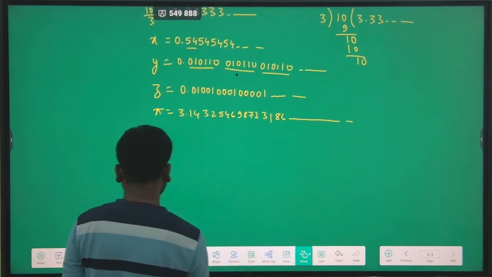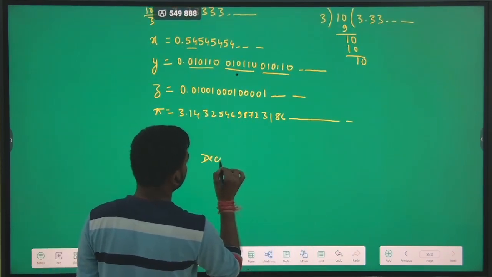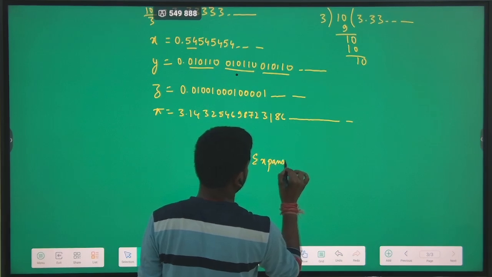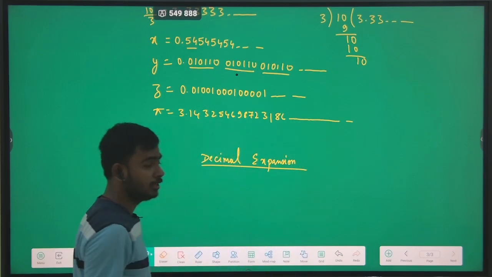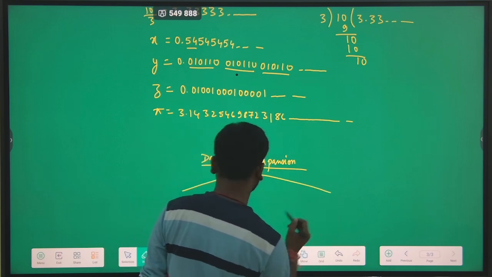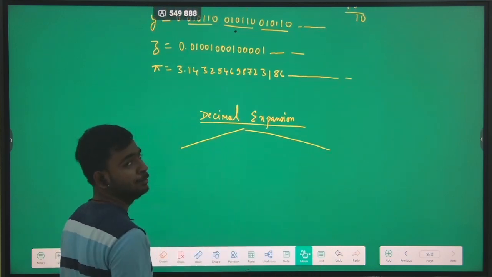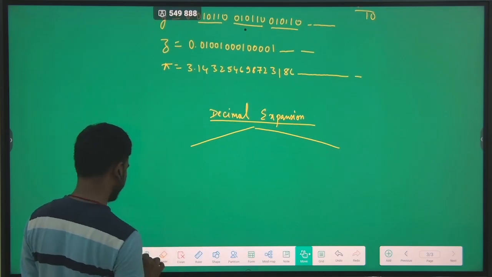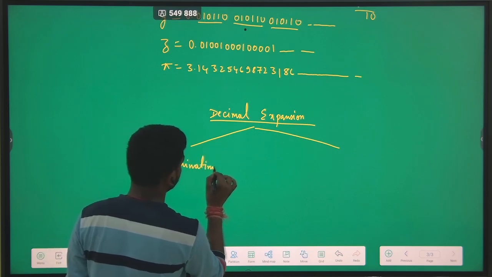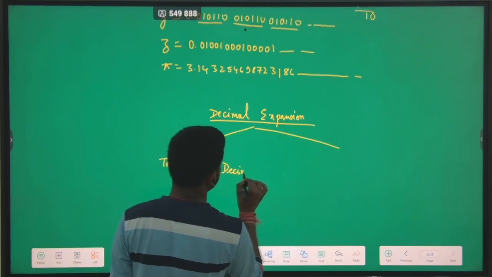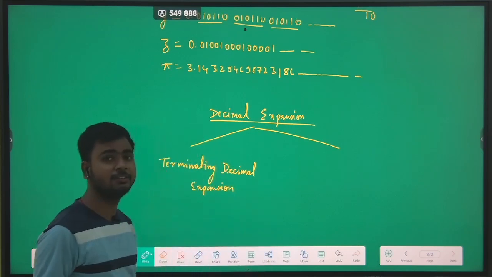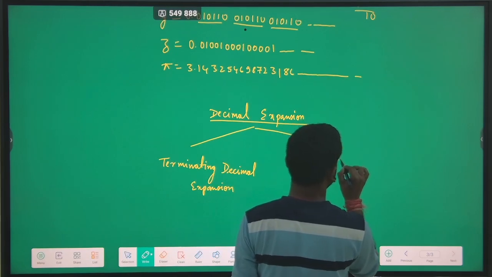तो हमने अभी तक देखा कि हमारा जो डेसिमल एक्सपेंशन है वो दो तरीके के हो सकते हैं। पहला जो तरीका है वो है, the first type is terminating decimal expansion, and the other one is non-terminating decimal expansion.